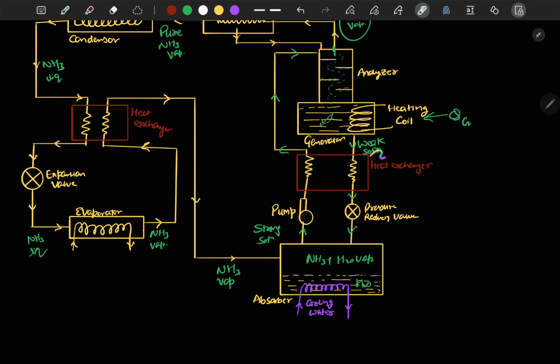The weak solution needs its temperature reduced, and of course its pressure, with the help of the pressure reducing valve.